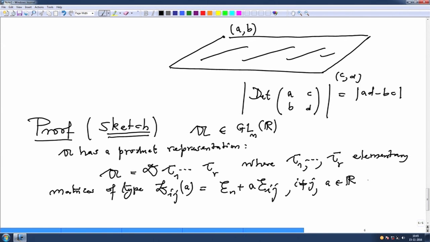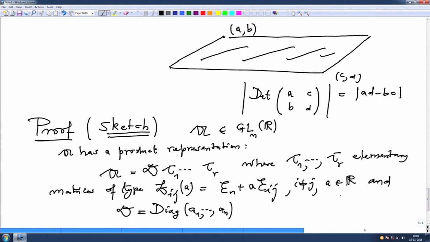and D is a diagonal matrix, D is diag(a1 to an). I have chosen column operations. You could have chosen row operations, then this would come on the other side, but it's a choice I made here. This is what we have proved.